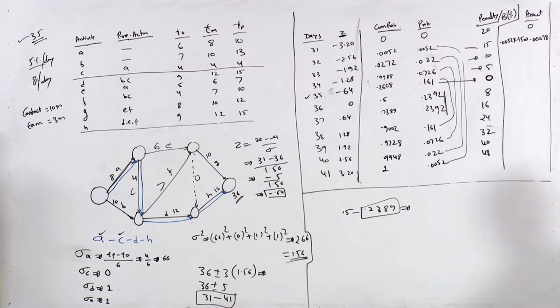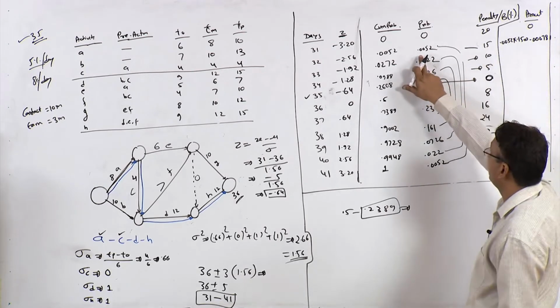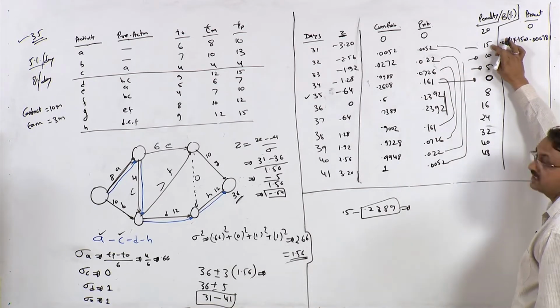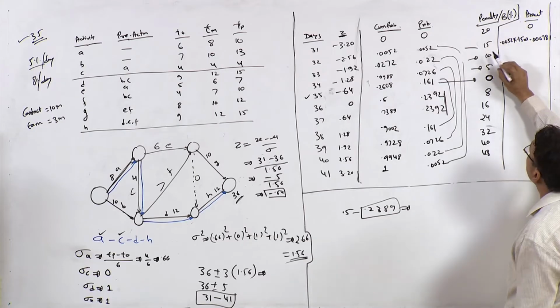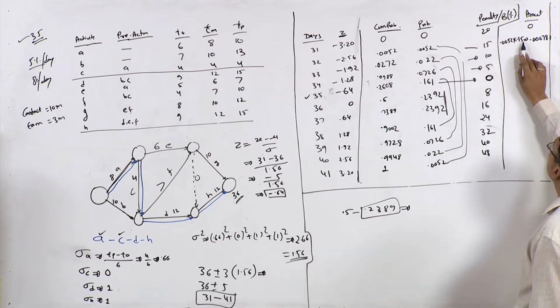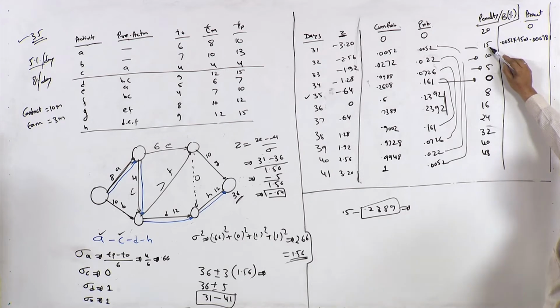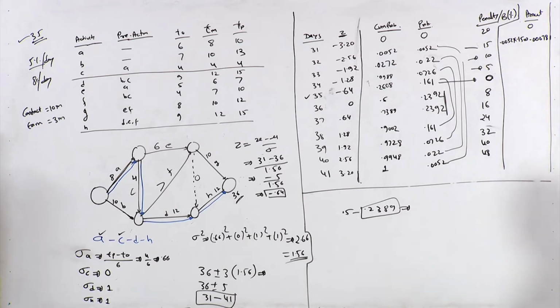So what is the amount? The penalty amount is probability multiplied by this percentage of penalty or bonus, right. So 0.0052 into 0.15. Why this 0.15? Because this is in terms of percentage, right.